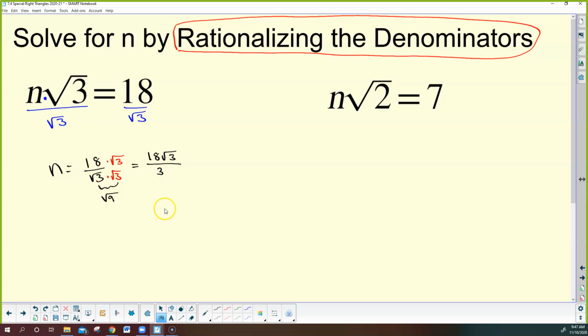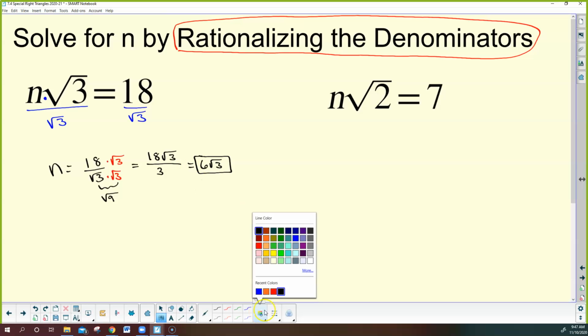It's 3. And then the whole numbers, 18 divided by 3, actually produces a nice result. So n is actually equal to 6 square roots of 3, and this is what the act of rationalizing the denominator is. It's getting rid of the radical on the bottom.